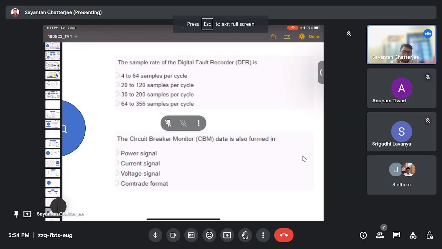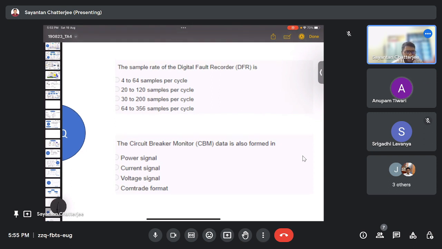I think the options are visible. So B is the answer, B for the first one, I guess, right? You can use the chat box also to write the answer.